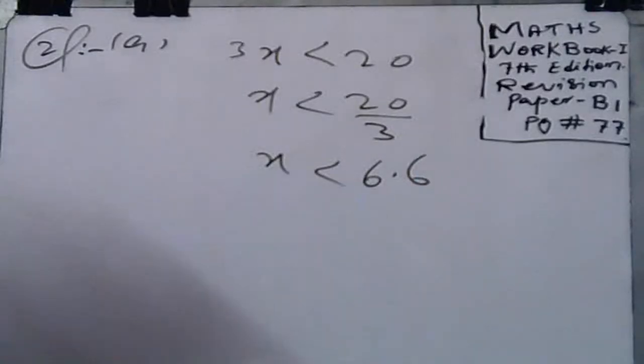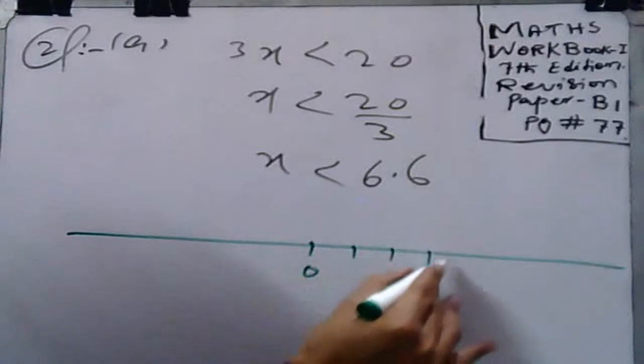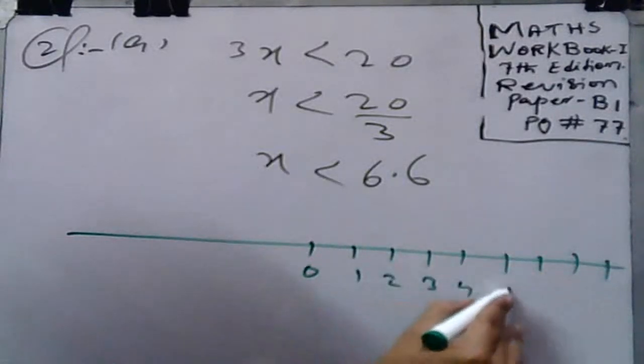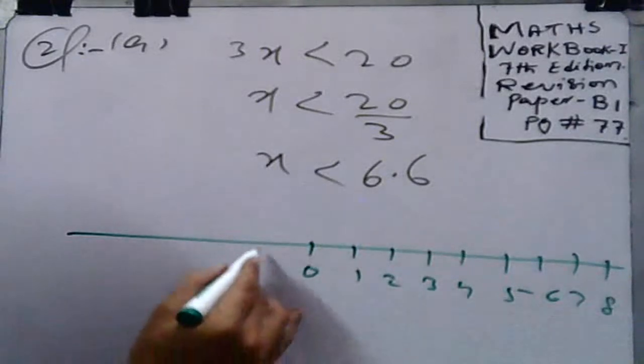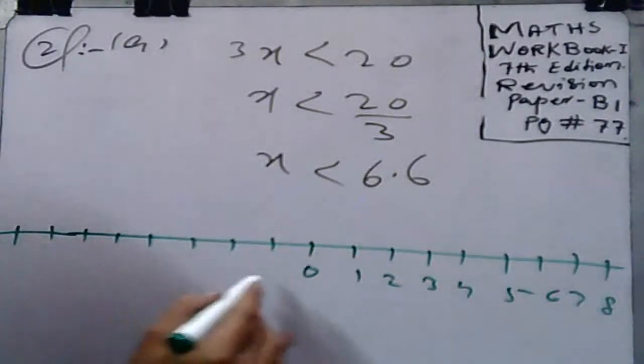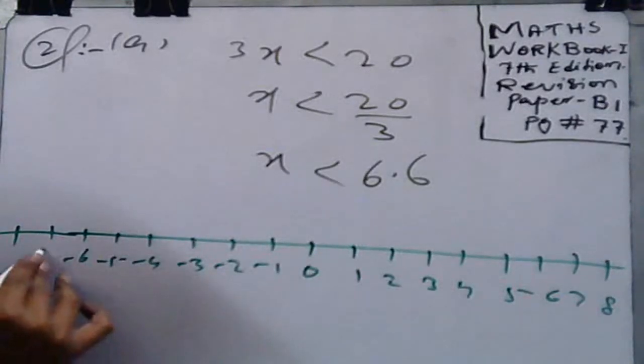So we have to draw it on a number line. You can see here the number line is like this, that is your number line. 0 1 2 3 4 5 6 7 8, similarly 1 2 3 4 5 6 7 8, so minus 1 minus 2 minus 3 minus 4 minus 5 minus 6 minus 7 minus 8.